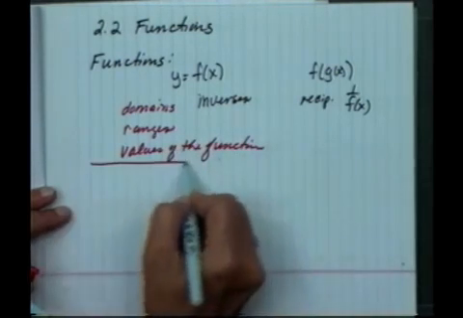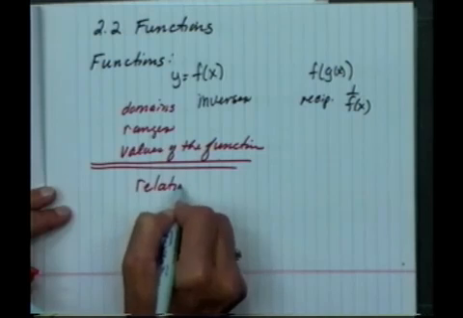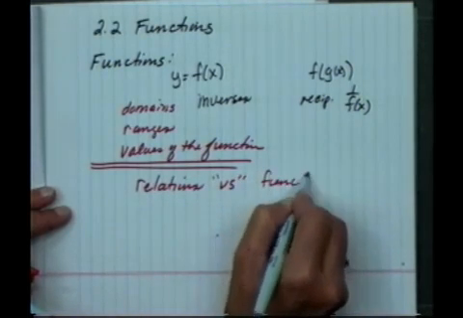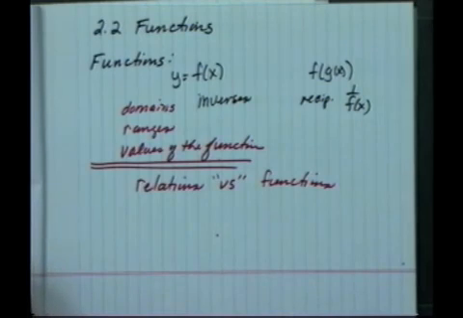All right, well, let me just prompt your memory. We have relations and we have functions. Who remembers the difference between a relation and a function? Who remembers when I give you the graph of a relation, if you can tell if it's a function or not?